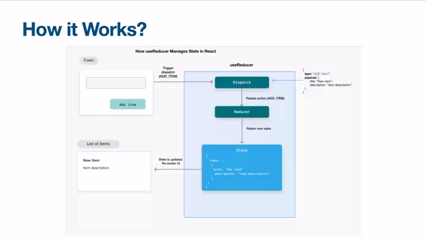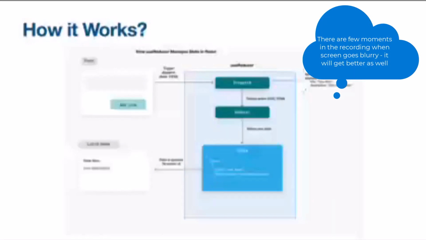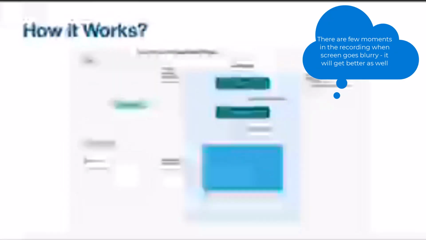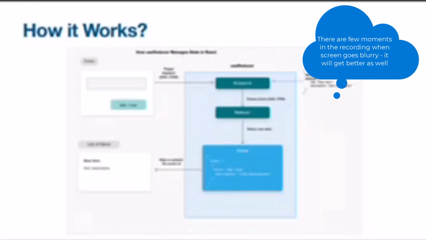The reducer will create a new copy of the state, do the changes which we requested, and return a new state. So it's not a mutable change. We create a new copy of the state, and this update will force the app to be re-rendered on the UI.